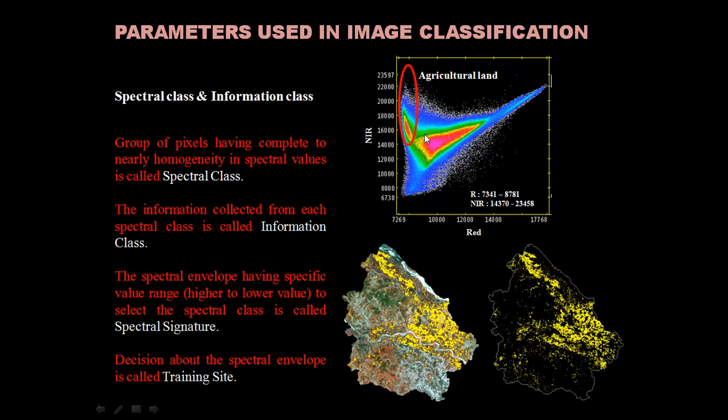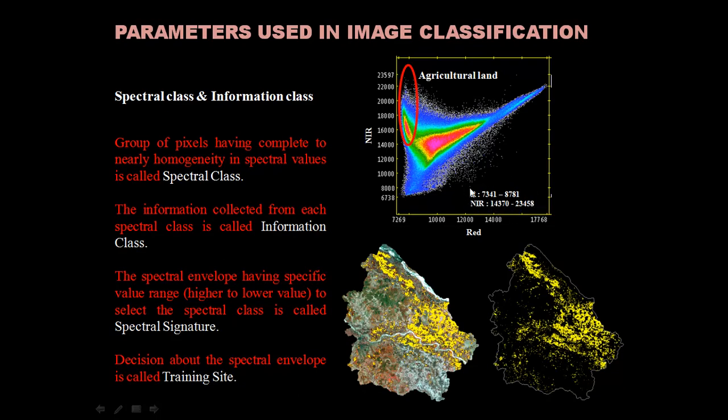And it is very important that these signatures are specified on the basis of some value range, which is like that. For determining this agricultural land, within the red band such a value range is very important, and for the near infrared band such a value range is very important.